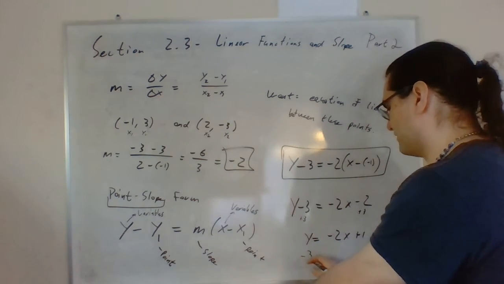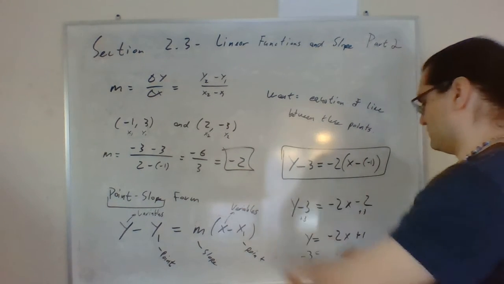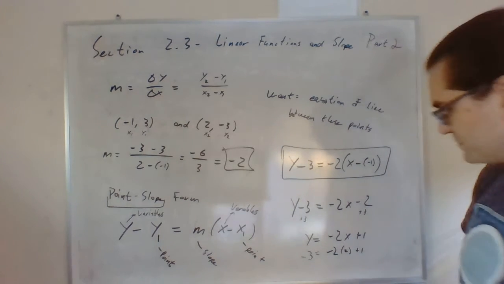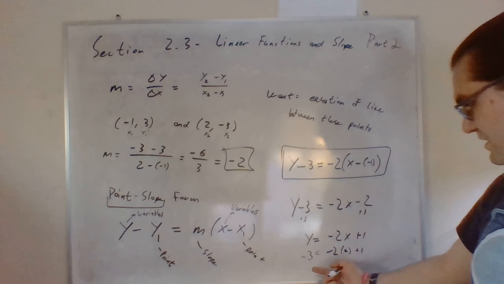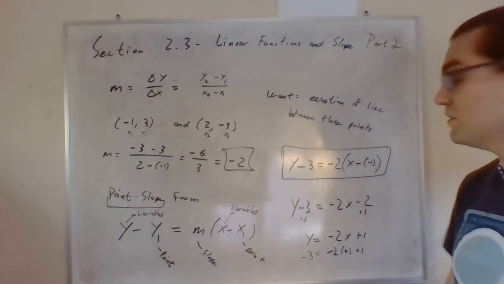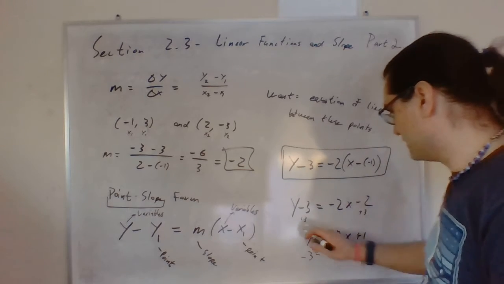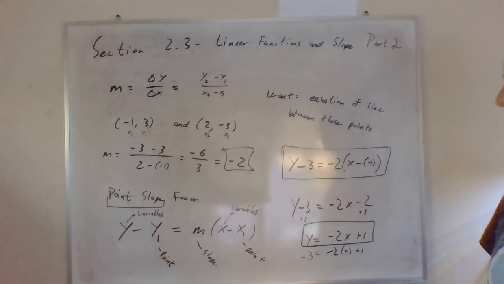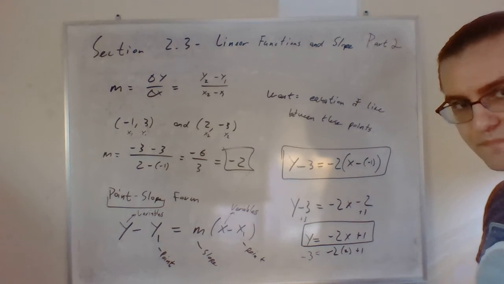If y is -3, does that equal -2 times 2 plus 1? And I think we can pretty easily see that it does equal that. -3, this is -4 plus 1 is -3. So we have a good way to check our answer, and we have the equation of our line in slope-intercept form.